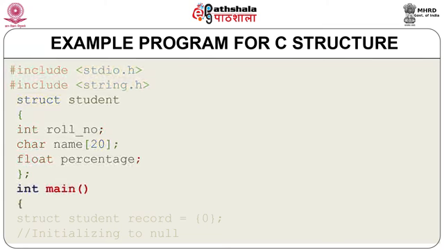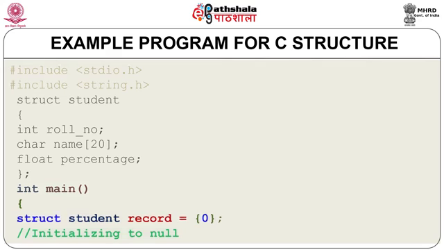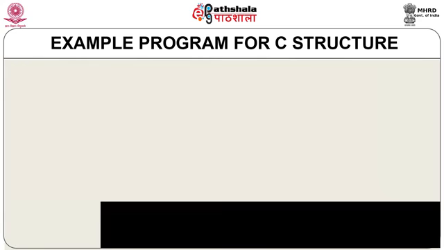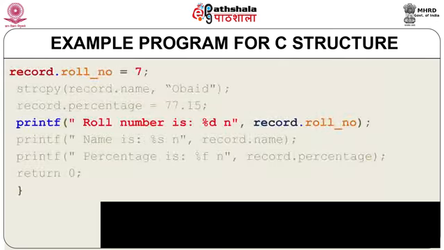The main function starts here. This syntax, struct student record equal to 0, initializes the structure as null. Let us take the second instruction. Record dot roll number equal to 7.